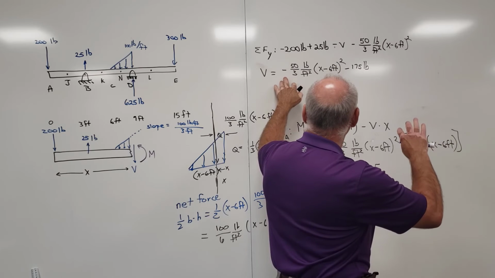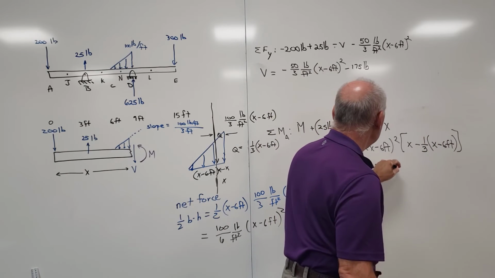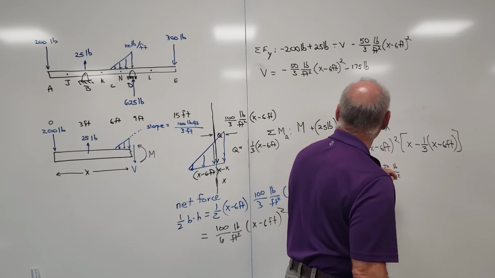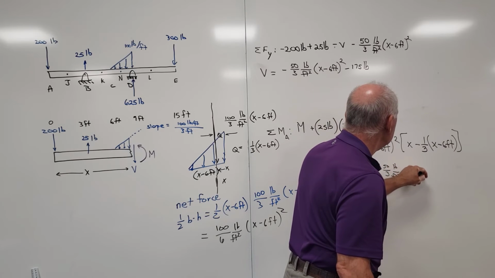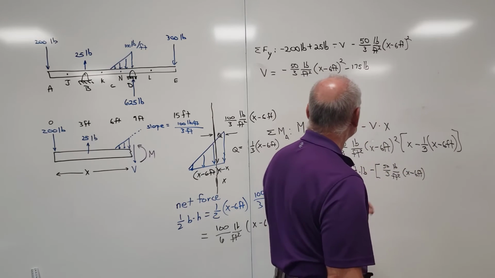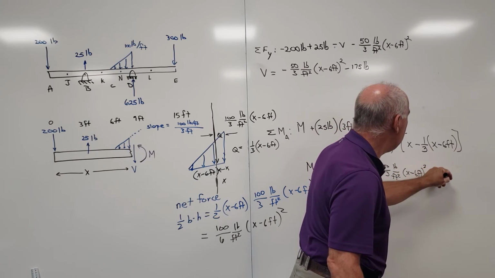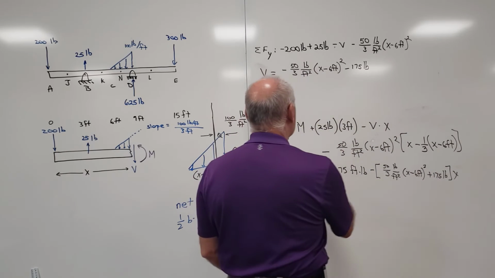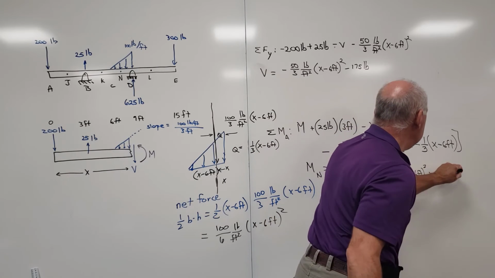Let's see, pull that minus sign out. So 50 over 3 pounds per square foot, x minus 6 feet squared, plus 175 pounds. And all of that's times x, because it's V times x, because that's where V is acting.